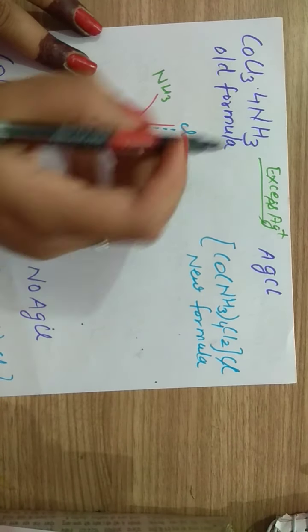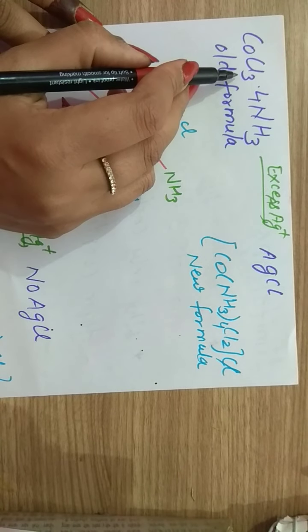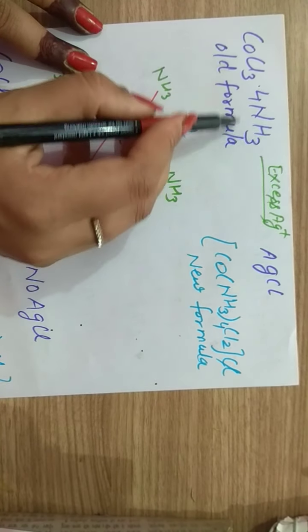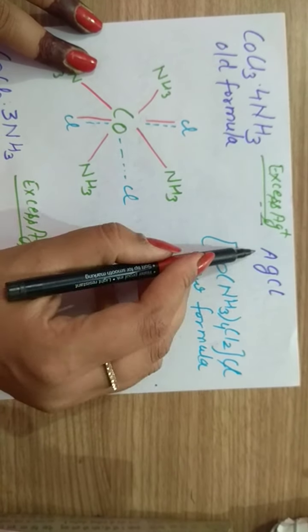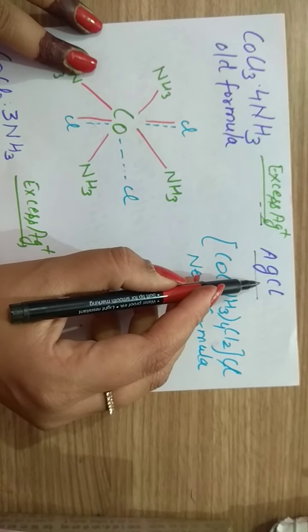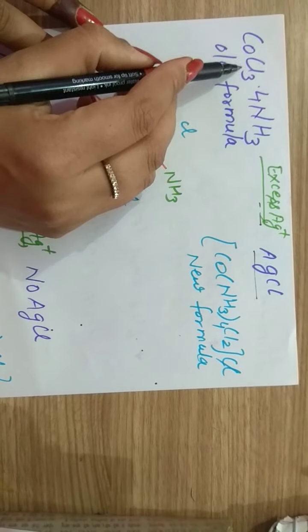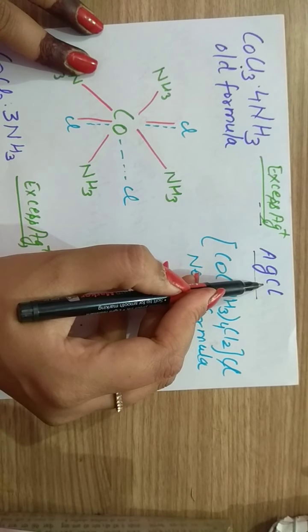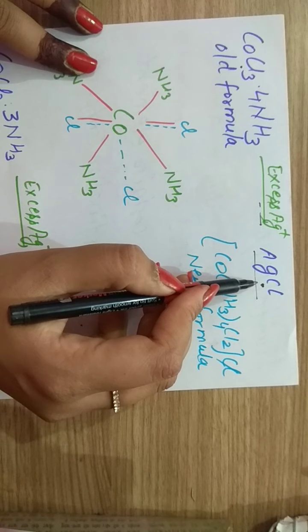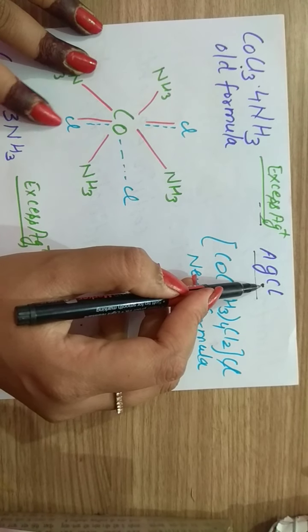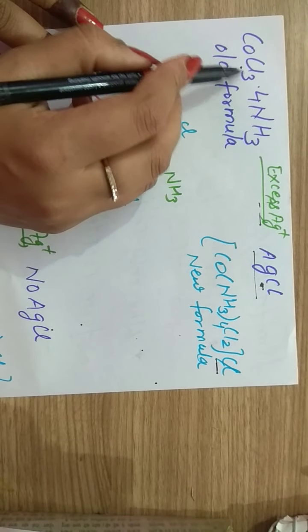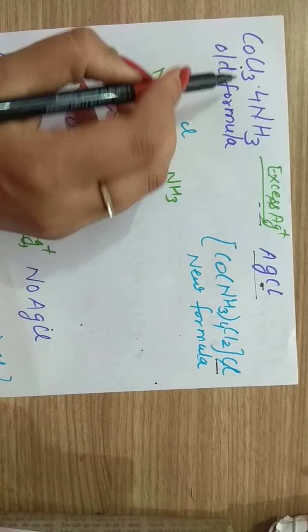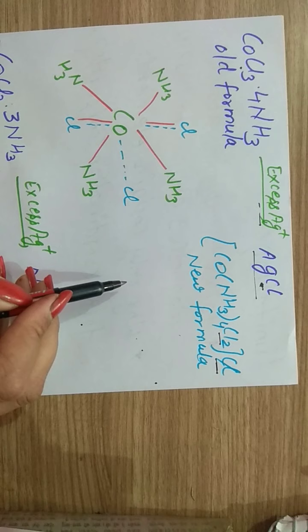Another compound we can take is this, in which there are 4 ammonia molecules and 3 chlorine atoms. When he treated this compound with excess of Ag+, he found that only one precipitate of silver chloride is obtained. That means that out of three, only one chlorine atom is ionizable or satisfying only primary valency, so it is written outside the bracket. And these two chlorine atoms, which are not ionized, are written inside the bracket.